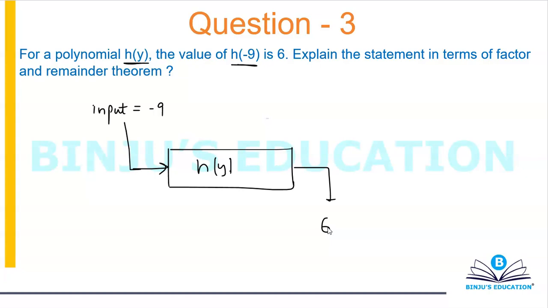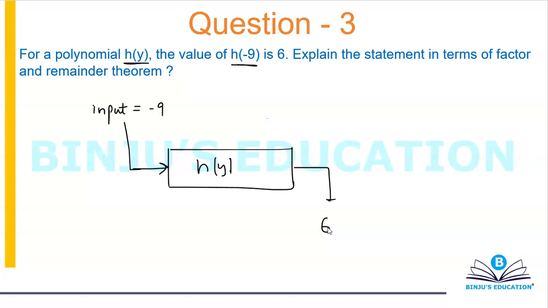So explain the statement in terms of factor and remainder theorem. When you say the value of h of -9, that means your input is -9. So it's basically saying that when input is -9, then your output is 6. This is what this statement means.